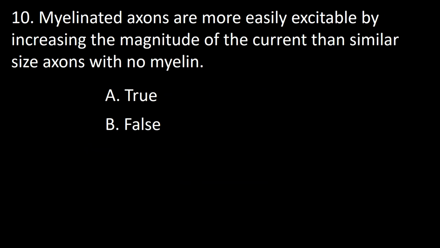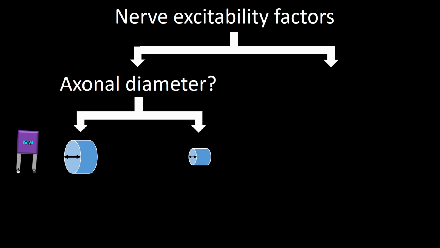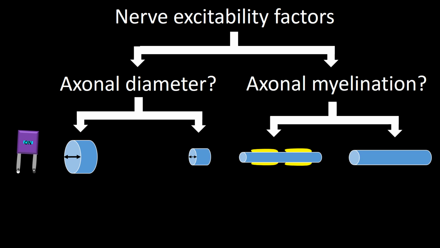Next question. Myelinated axons are more easily excitable by increasing the magnitude of the current than similar size axons with no myelin. A. True, B. False. There are many factors that influence nerve excitability, as we just previously mentioned. Among them are axonal size, that is axonal diameter, and myelination.